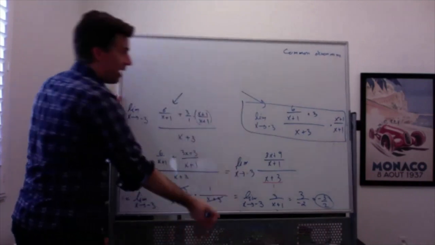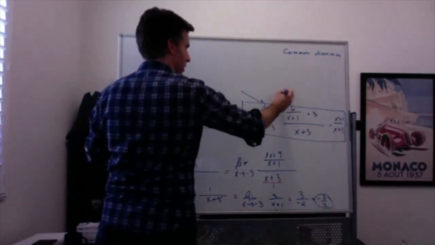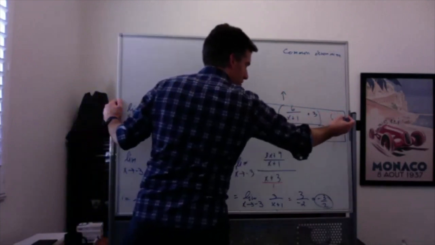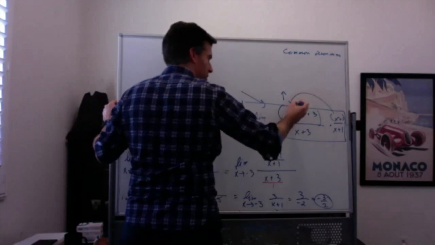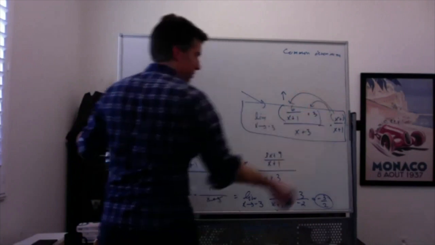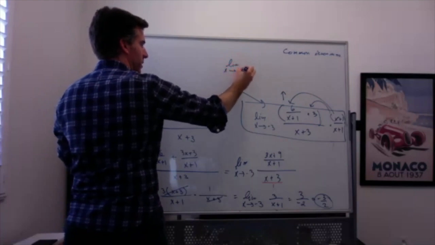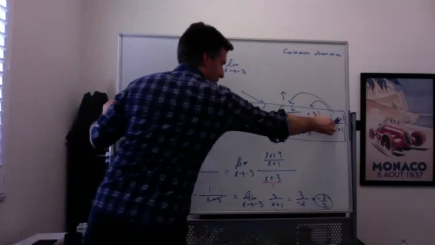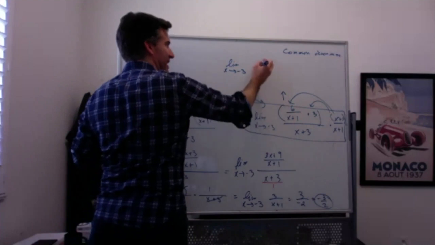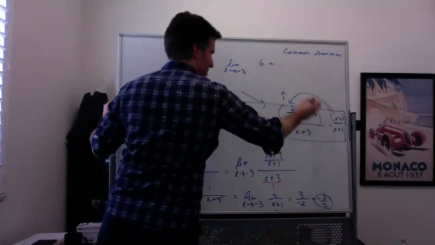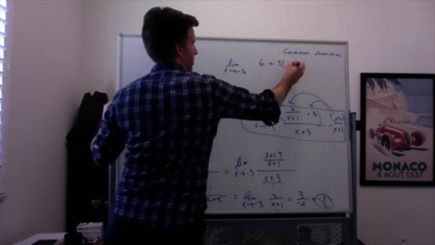is that if we do that, let me just go this way actually. We can distribute the x plus 1 to each of these terms here. So we have the limit as x approaches negative 3. X plus 1 times 6 over x plus 1 is just 6. X plus 1 times 3 is 3 times x plus 1.